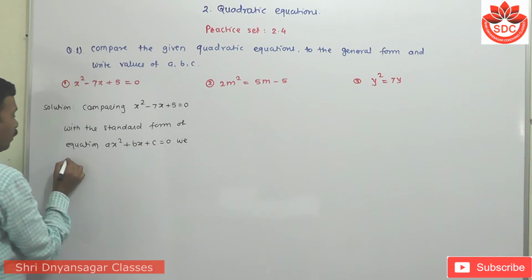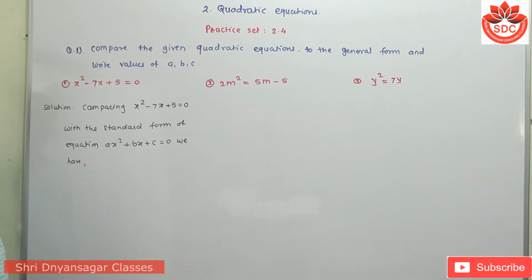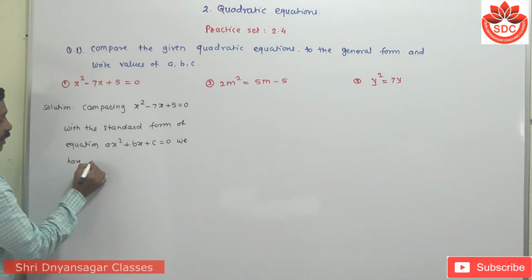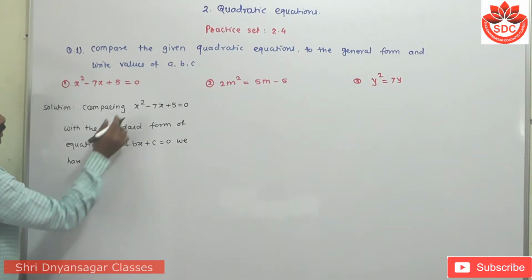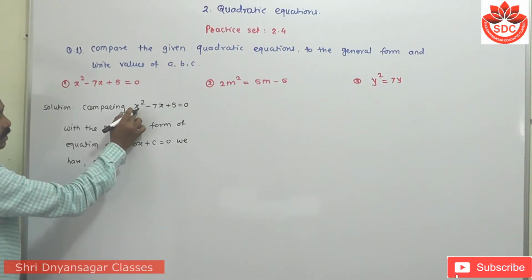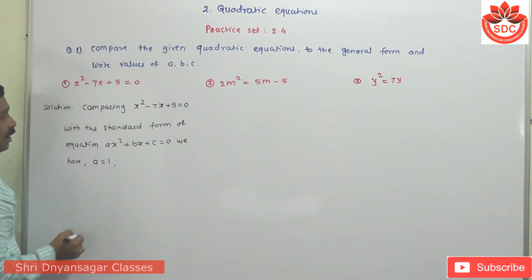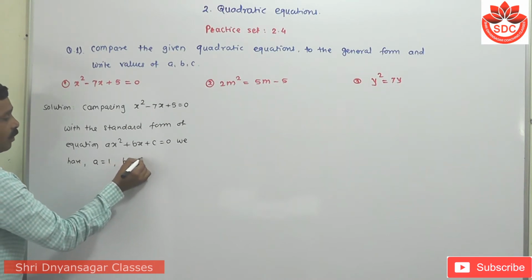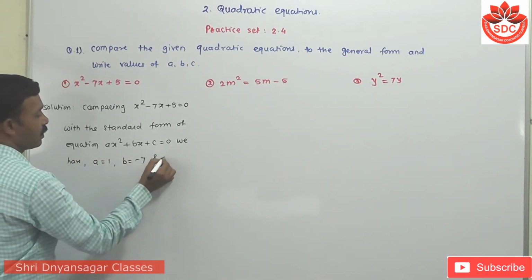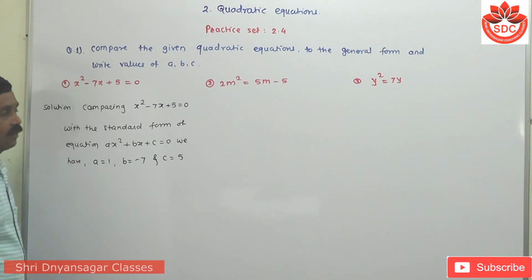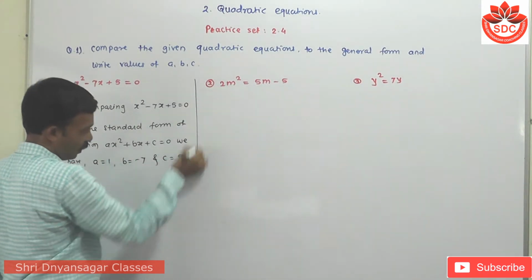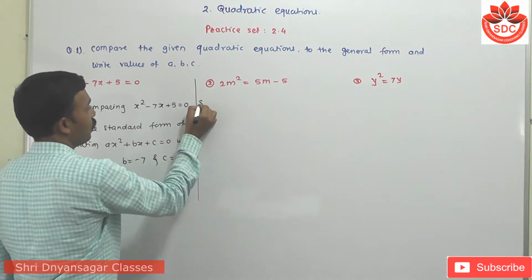We have the values of a, b, c: when we compare this with this, we get a is equal to 1, b is equal to minus 7 and c is equal to how much? 5. Then we take the next question, the second one. Now its solution.